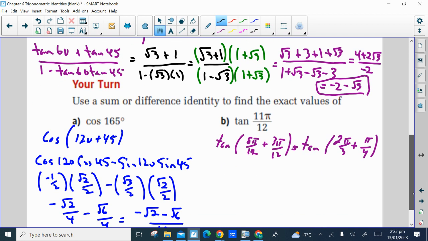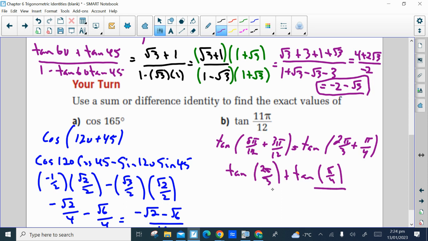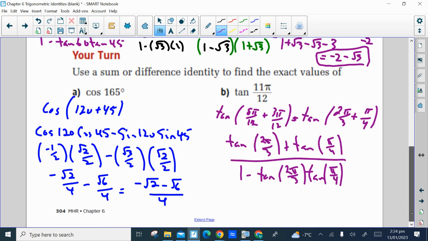So as we go down here, and we're using the sum identity for tangent, it'll be the tangent of 2 pi on 3 plus the tangent of pi on 4 all over 1 minus the product of those two. That's what the sum identity for tangent states.